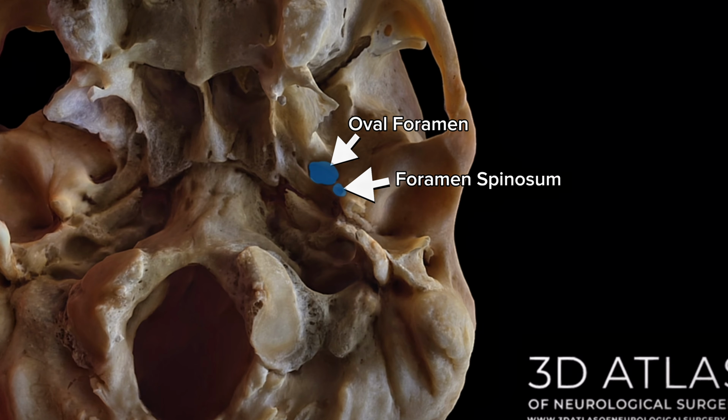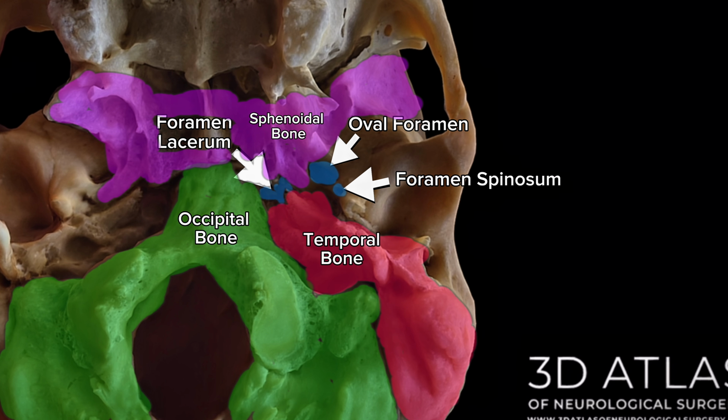Foramen spinosum, located just posterolateral to the oval foramen, and generally smaller and more circular. Foramen lacerum, situated medially and anteriorly adjacent to the apex of the petrous temporal bone. From this inferior perspective, it appears as an irregular gap bordered by the sphenoid, temporal, and occipital bones.